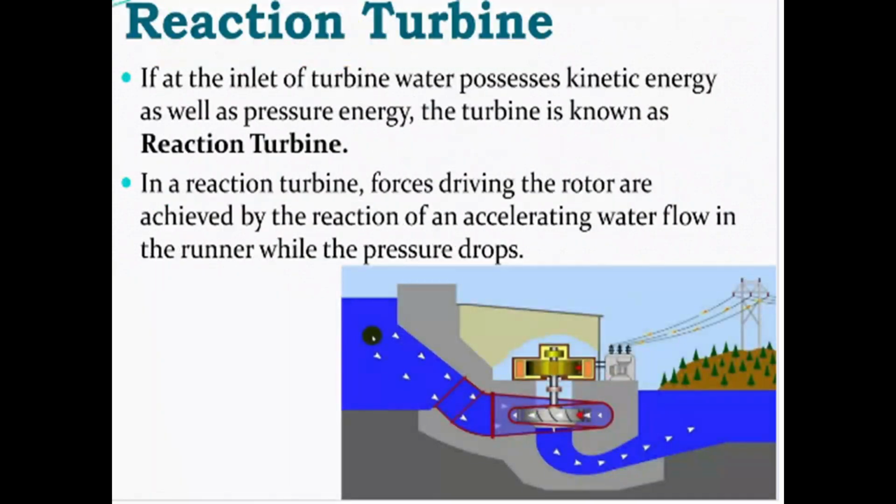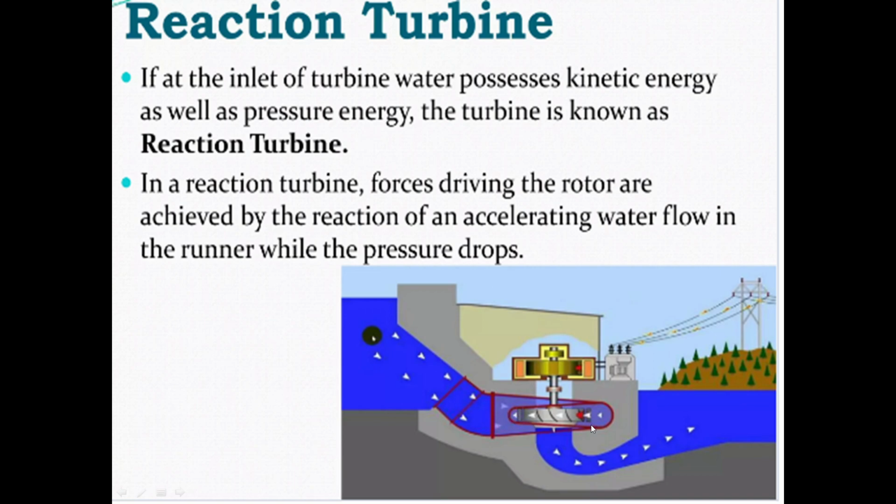Now, coming to the reaction turbine. At the inlet of the turbine, if water possesses kinetic energy as well as pressure energy, then the turbine is called a reaction turbine. I have already told you in the introduction.